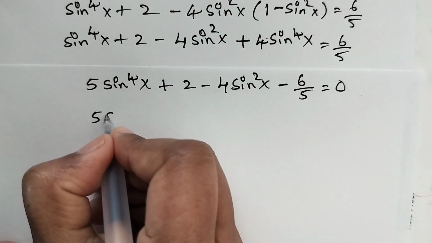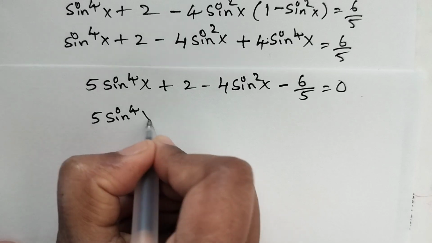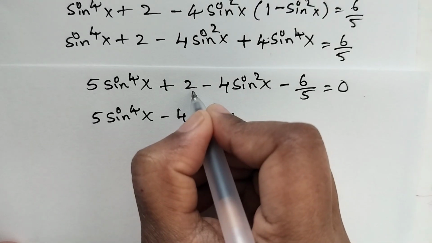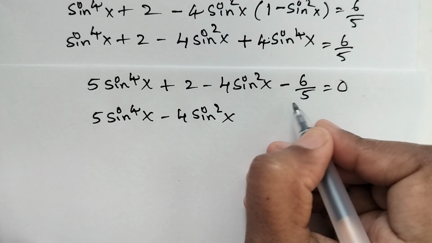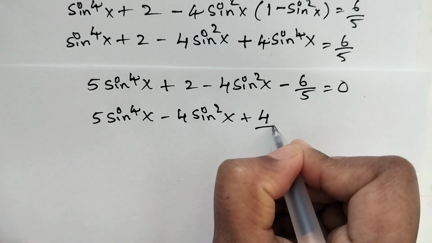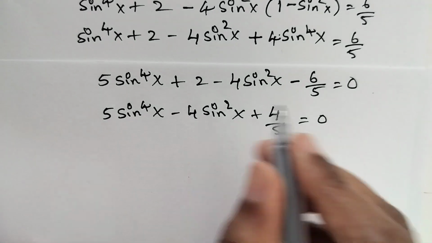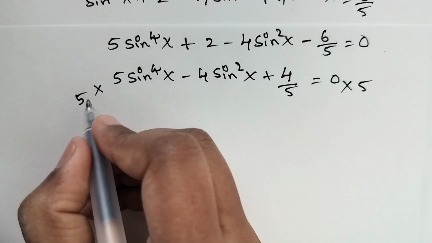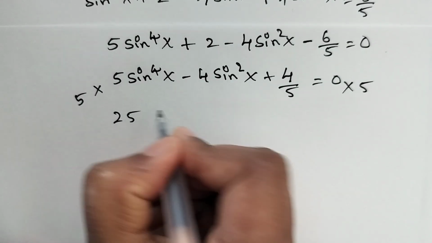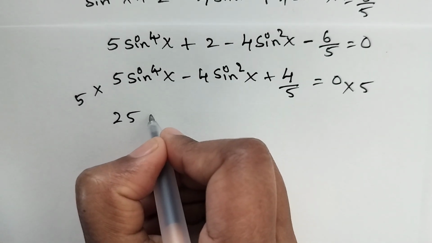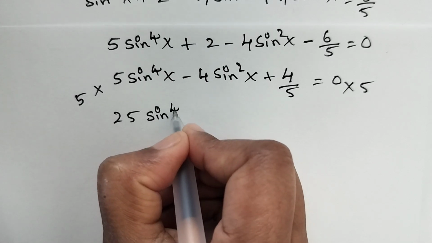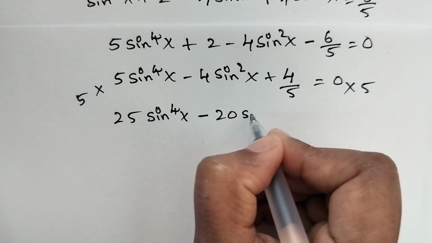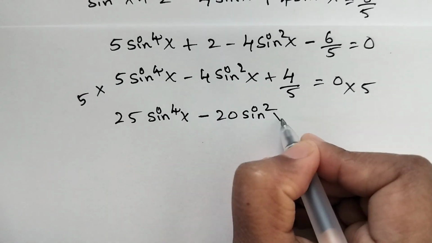So 5 sin⁴x − 4 sin²x, and 2 − 6/5 which is equal to 4/5, equal to 0. Now multiply by 5 on both sides. So 5 times 5 is 25 sin⁴x, minus 5 times 4 which is 20 sin²x plus.